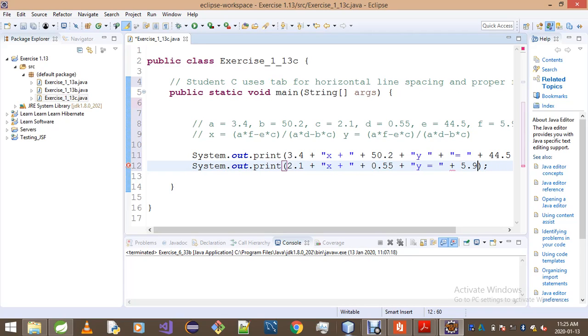With this out of the way, what we are left to do is to simply use a printf, not a println, but a printf. I've been using this for quite some time now. I hope you guys have an understanding of what it is.